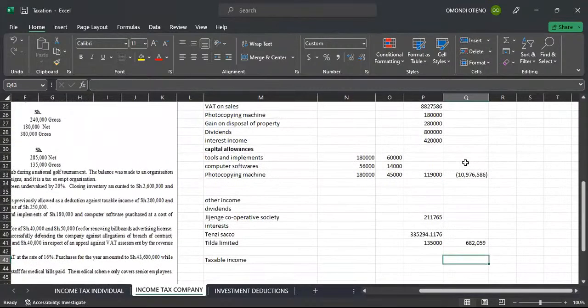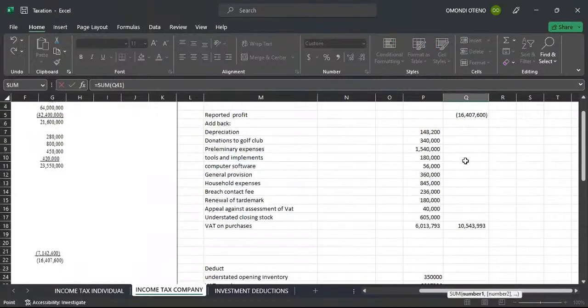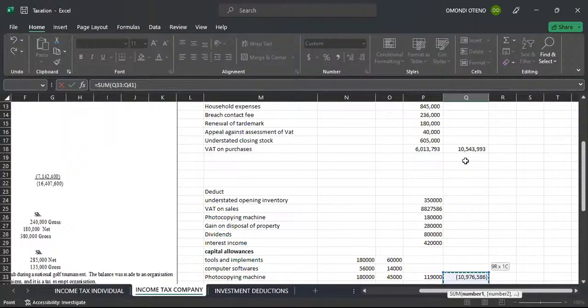Taxable income ni ngapi? The summation of these values in column Q.